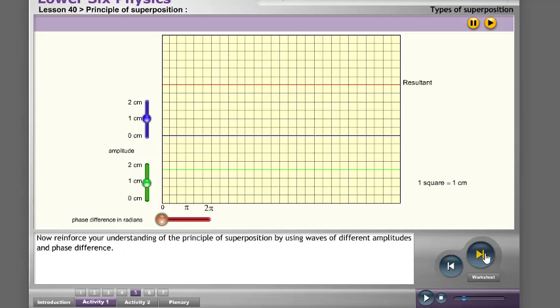Now, reinforce your understanding of the principle of superposition by using waves of different amplitudes and phase difference.